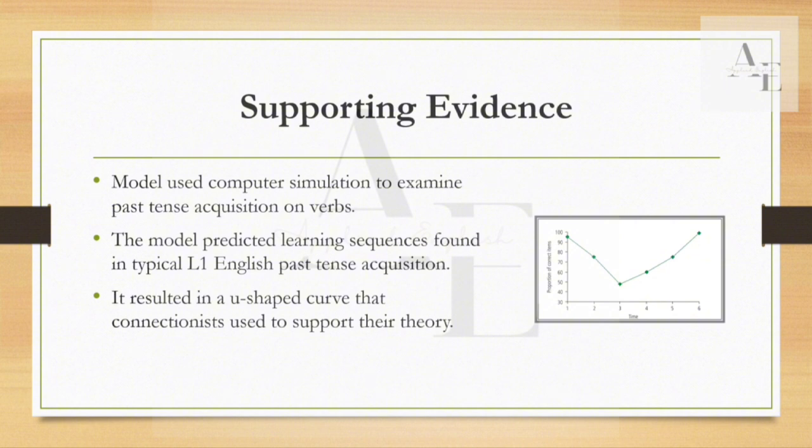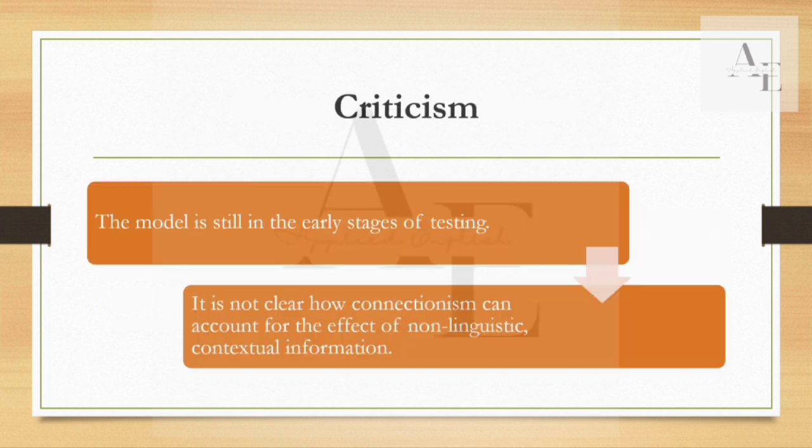So the computer simulation actually could predict this U-shaped curve, and they use this to support the evidence that language is acquired from an interconnection between neurons. But this view also had criticism, like this model is still in the early stages of testing.